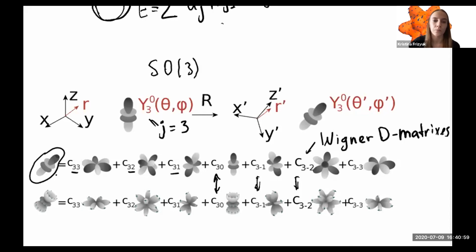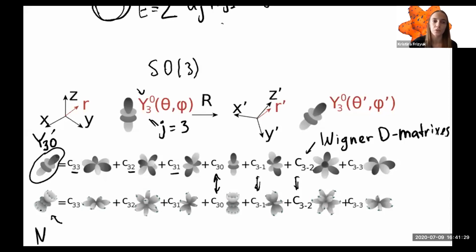Here, if you mean these two equations: this is the equation for the scalar function, and this one is the scalar spherical function 3,0, but rotated, presented in a different coordinate system, for example.